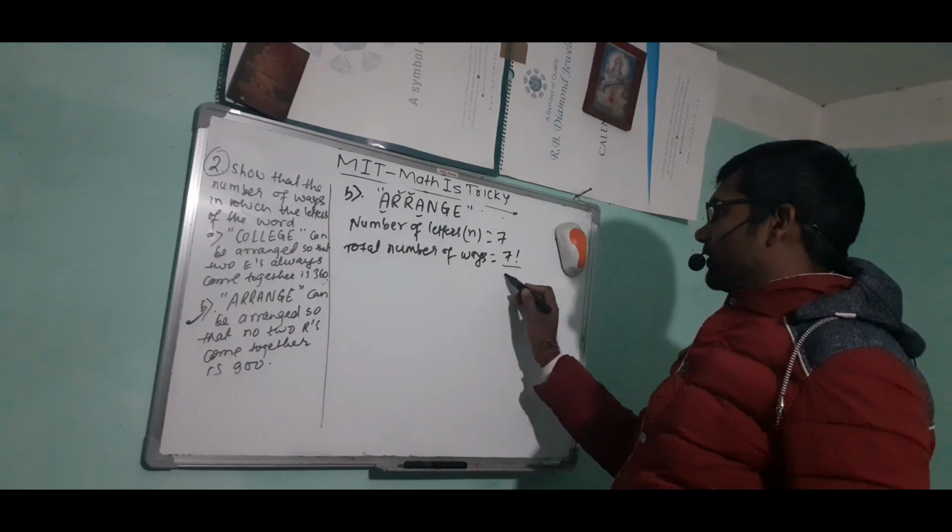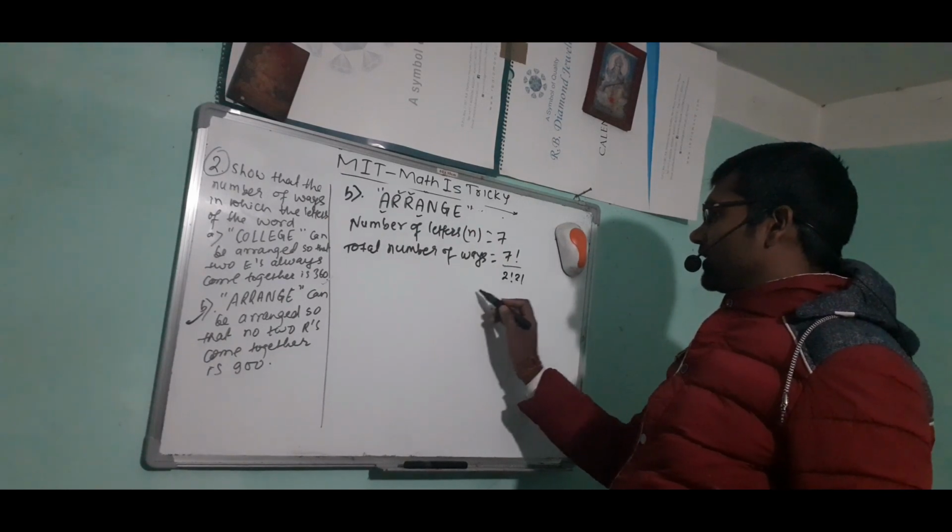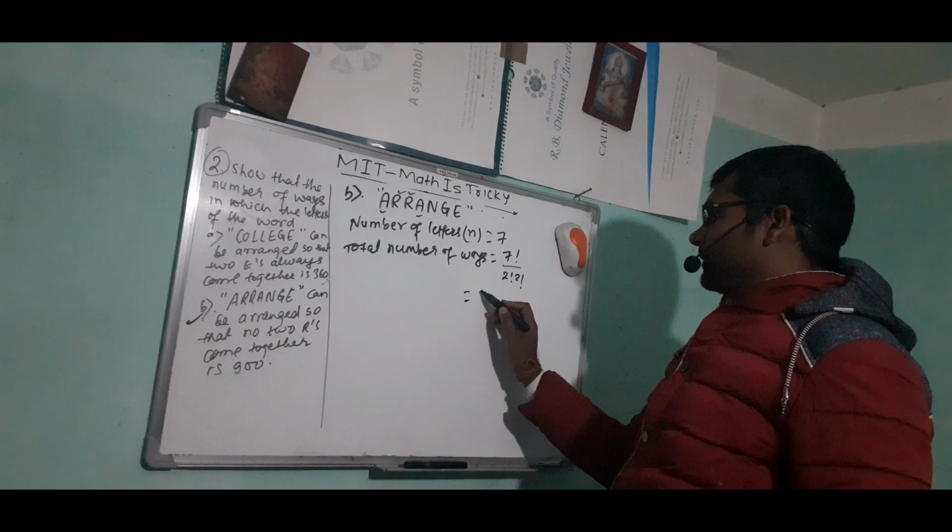See here 7 factorial, but here we have 2 R's and 2 A's, so it will be 2 factorial and 2 factorial.